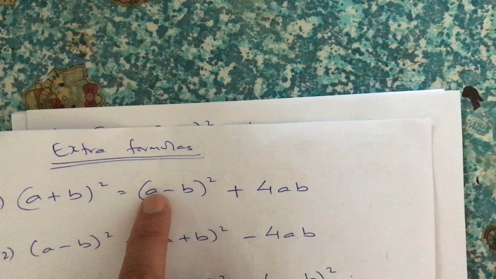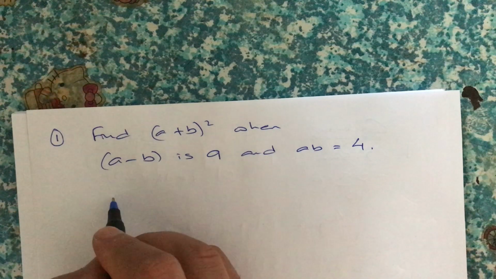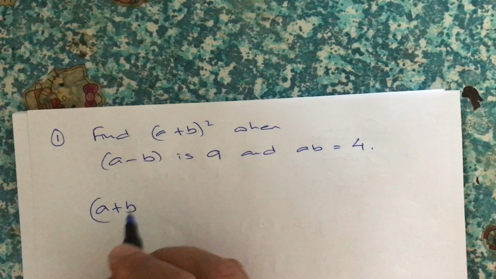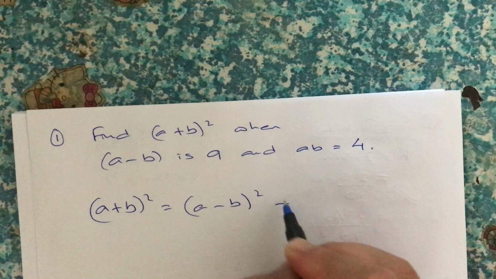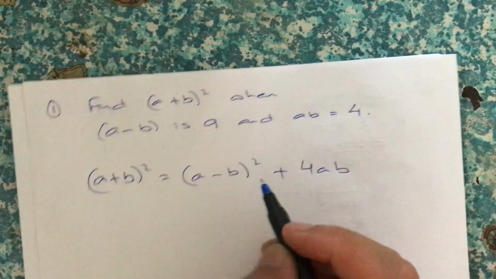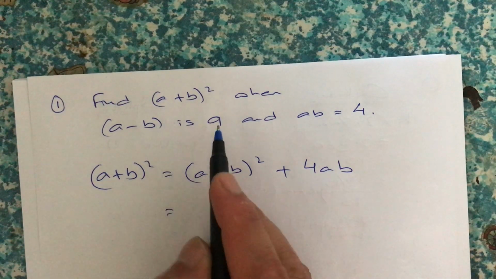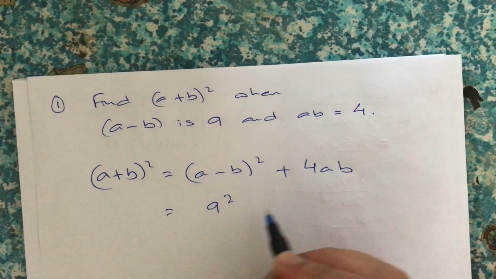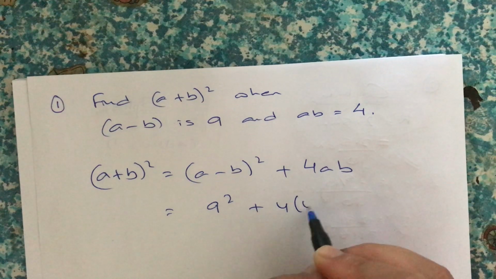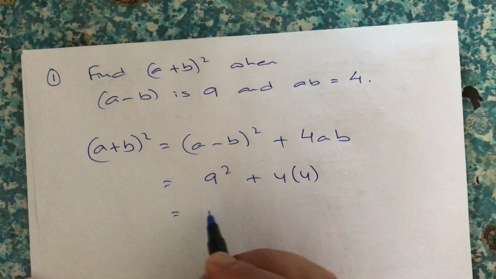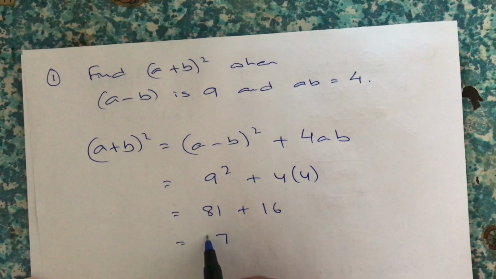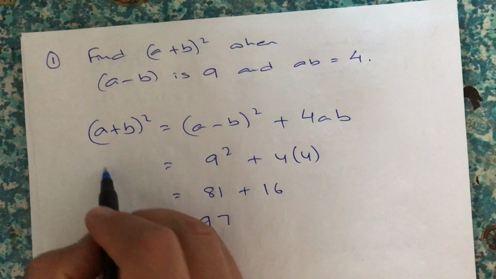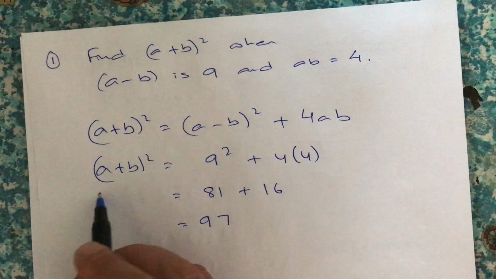What does the formula say? (a plus b) whole square is equal to (a minus b) whole square plus 4ab. a minus b is already given in the question as 9, so we write 9 square plus 4, and ab is given as 4. So what do we get? 9 square is 81, plus 4 times 4 is 16, so we get 97, and 97 is the answer for (a plus b) whole square. That's how we solve.